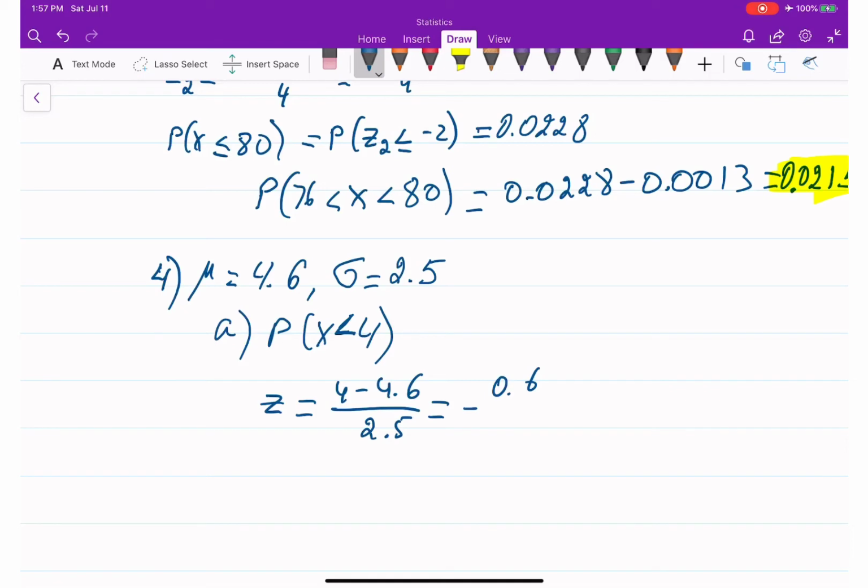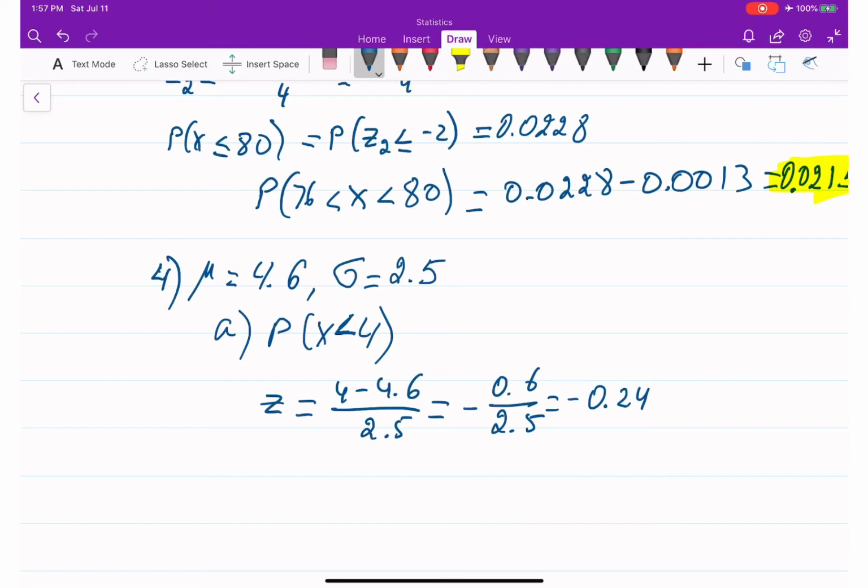And we divide by 2.5. So if we take 0.6 divided by 2.5, it's going to give us negative 0.24.